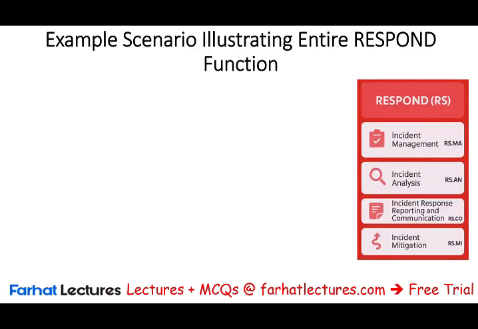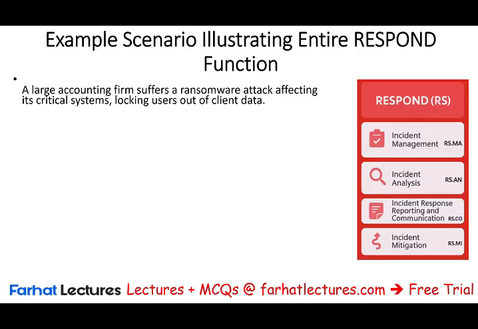And let's take a look at a complete example when it comes to the response function. I'm going to be using a large accounting firm that experienced a ransomware attack affecting its critical systems. What's a ransomware attack? It's when they lock your system and you have to pay them in order to unlock it.